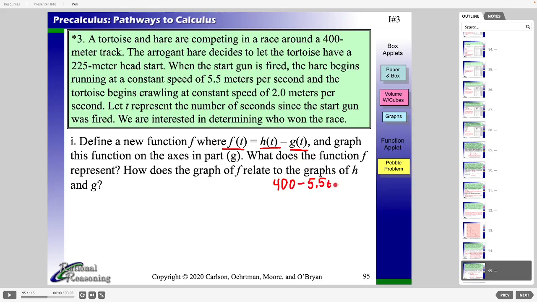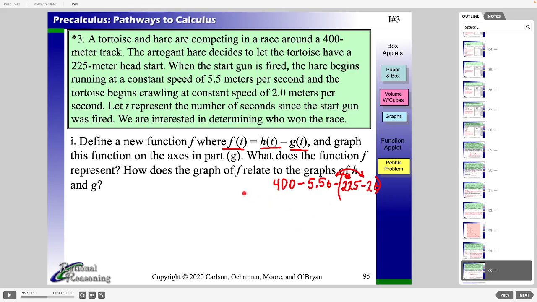We're going to subtract, and I put parentheses around this, g of t, which was the tortoise's distance to the finish line. That was 225, where it started, minus 2t. Notice we have to take this negative and distribute it. So this negative 2t becomes a positive 2t. This positive 225 becomes negative.